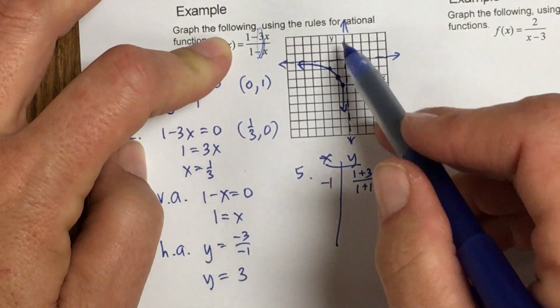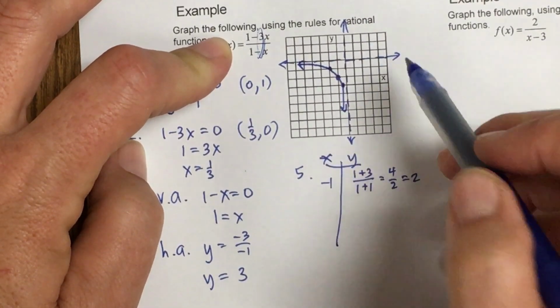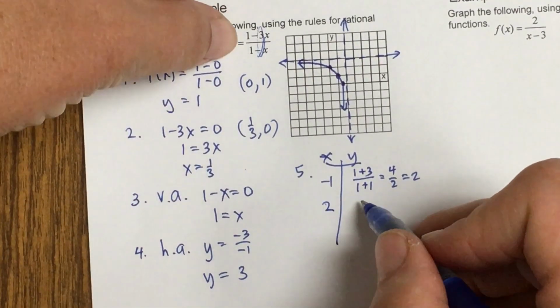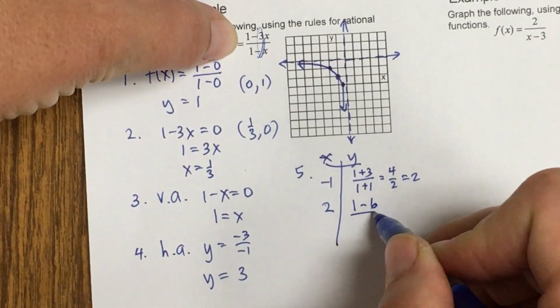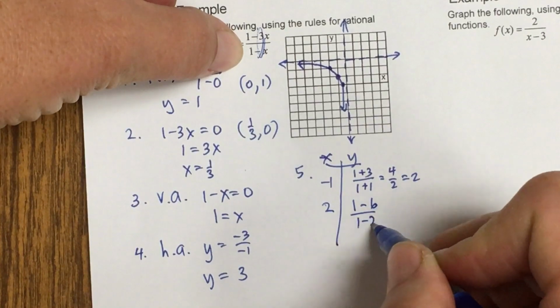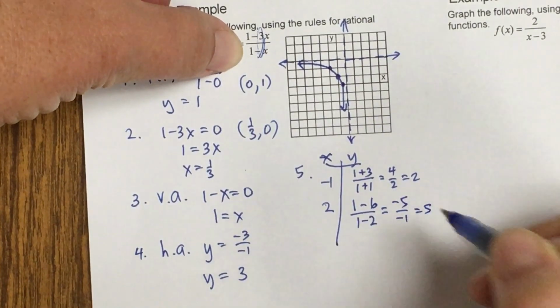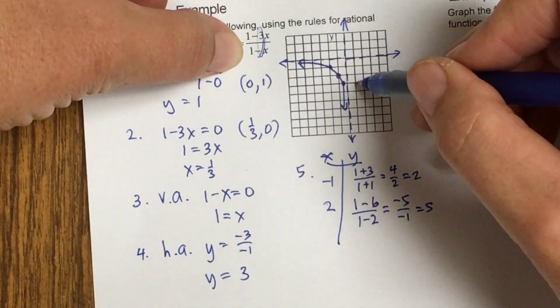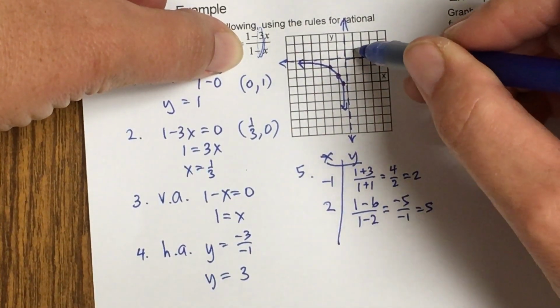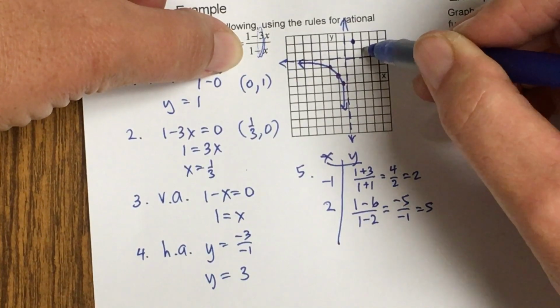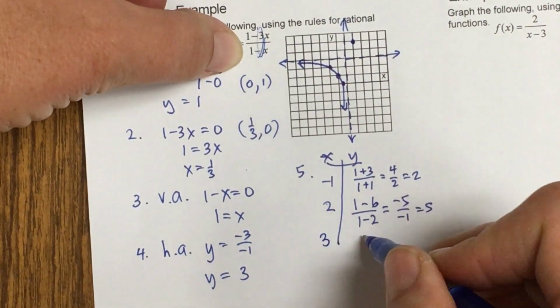So what I need now is this is x equals 1. I need to be on that side of it, and so I'm going to try 2. What happens if I put a 2 in up here? 2, that's going to be -5 over -1, which is 5. So for 2, 1, 2, 3, 4, 5. And I'm guessing that if I plug in a 3, it's going to be somewhere in this area, so let's try that.